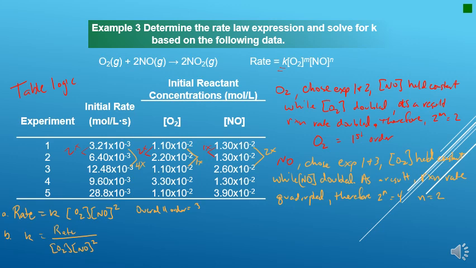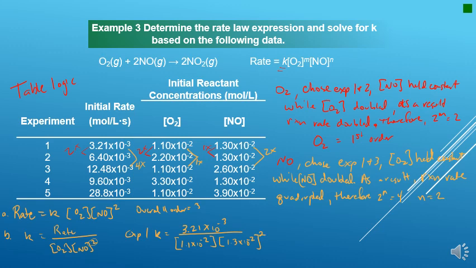For experiment number 1, we had a rate of 3.21 times 10 to the minus third. I'm going to take my concentration of the O2, which is 1.1 times 10 to the minus 2, and multiply that times the NO concentration, 1.3 times 10 to the minus 2, but because of the order being second order, we're going to square that value.